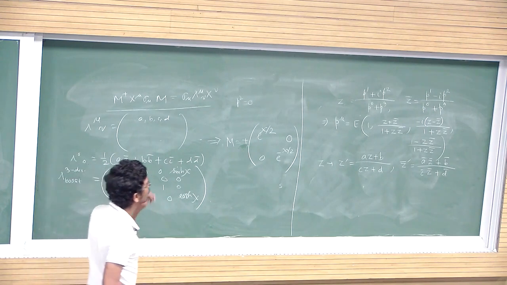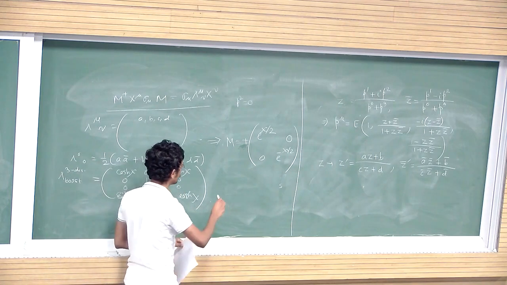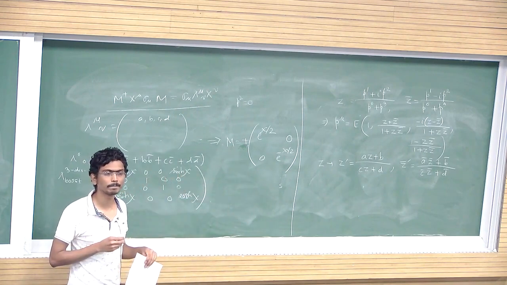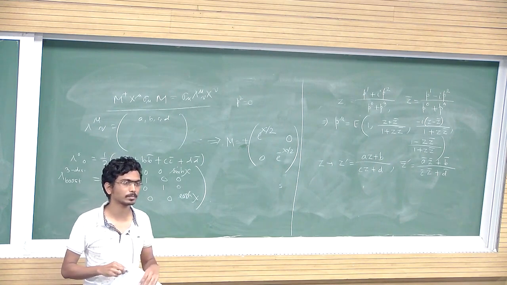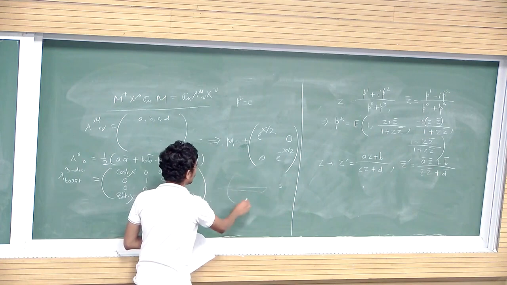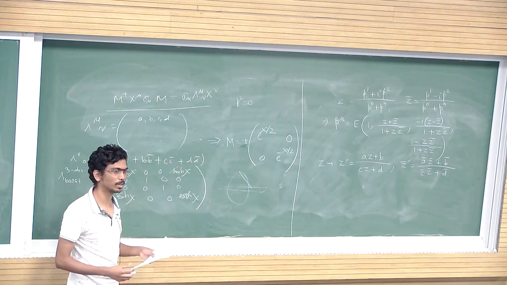Yeah, so you have to go to different coordinates. I think this is something like the stereographic projection, like either you are projecting from the north pole or from the south pole.